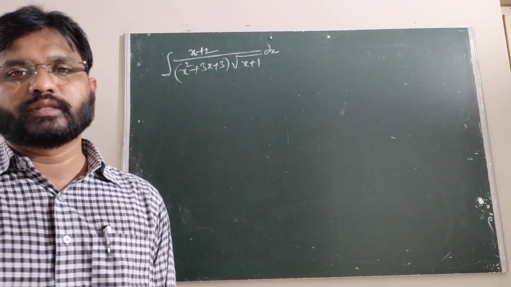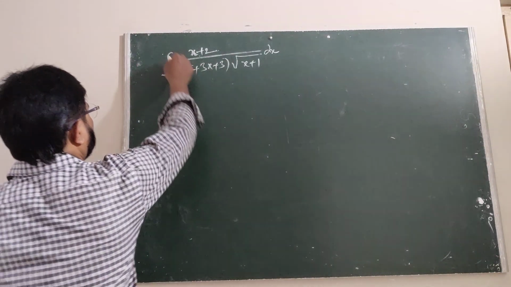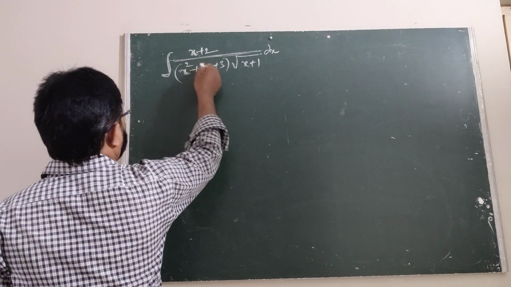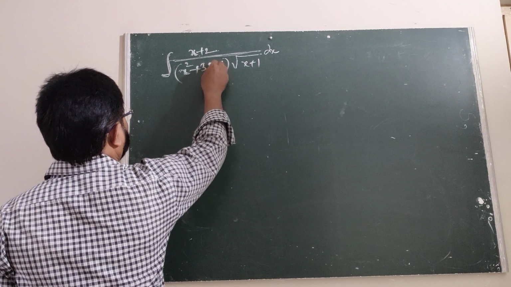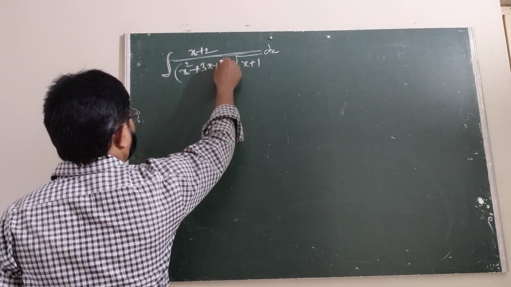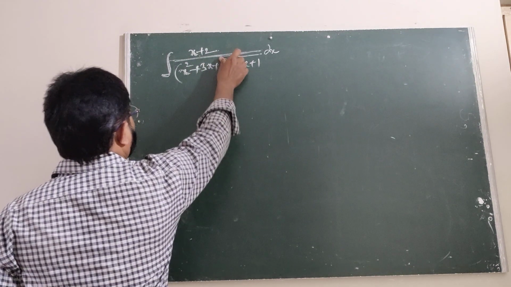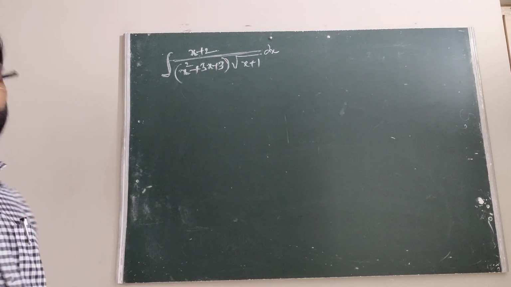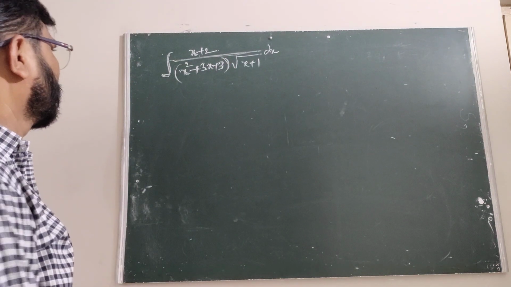Now evaluate the integral of (x plus 2) upon (x square plus 3x plus 3) root of (x plus 1) into dx.